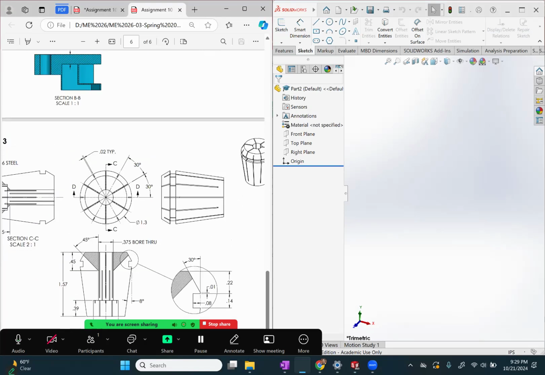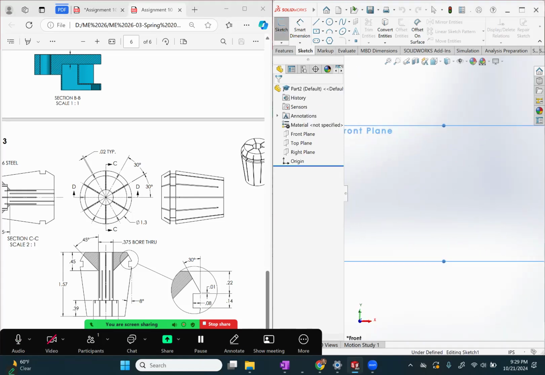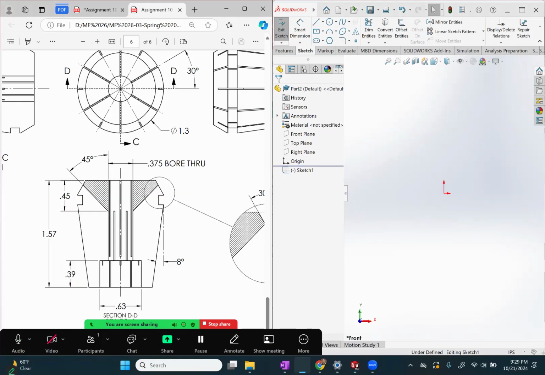So I will use either one of these cross sections to make that initial sketch, and then we can revolve that around the center. So let's sketch on the front plane. I will be looking at this view here, and this is the sketch that I will be making for our revolve.